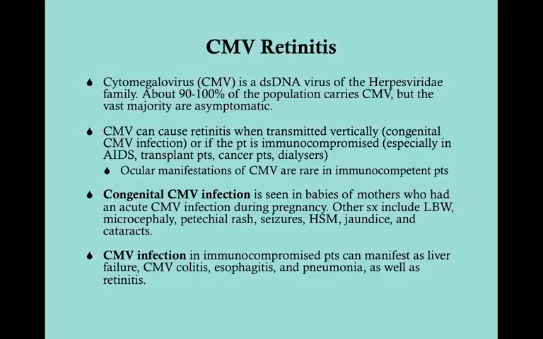In the immunocompromised patient, CMV infection can manifest as liver failure, colitis, esophagitis, and pneumonia. So there's different ways that it can manifest. And typically we see CMV infections in immunocompromised patients when their CD4 count goes below 50 cells per cubic millimeter.